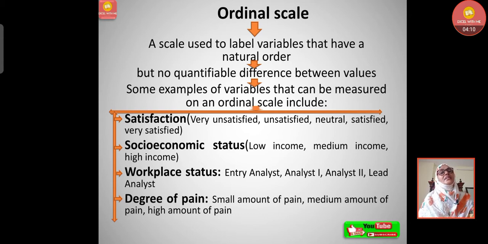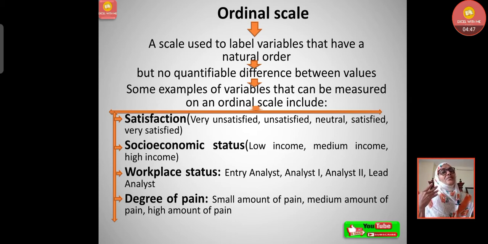Then ordinal scale, a scale used to label variables that have a natural order, but no quantifiable difference between values. Now some examples of variables that can be measured on ordinal scale include satisfaction. That means we can give on the scale very unsatisfied, neutral, satisfied, very satisfied. So this is one kind. The second one, socio-economic status.